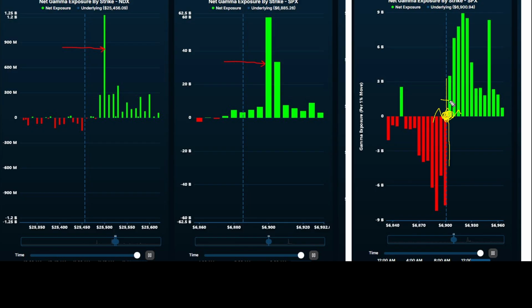When price starts in a range here, you don't have to do anything for the entire day. You have to wait for the price to make an imbalance, where this bar reduces in volume and this one increases in volume, or vice versa. You need to see an imbalance in gamma exposure.